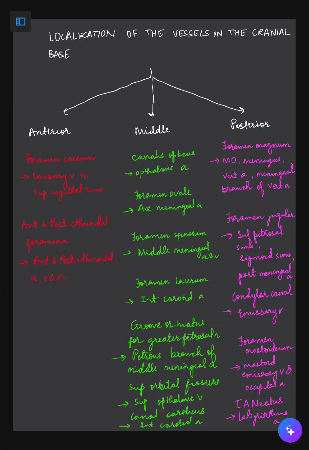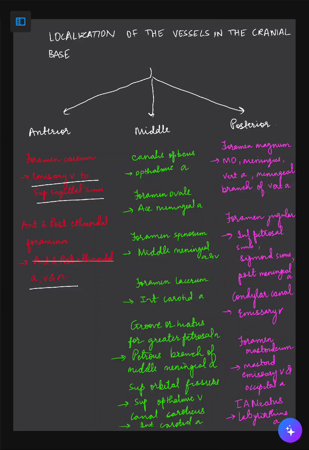In the foramen cecum, the emissary vein goes to the superior sagittal sinus. It comes and goes through the foramen cecum. Through the anterior and posterior ethmoidal foramen, the anterior and posterior ethmoidal artery, vein and nerves pass. Now only these are there in the anterior cranial fossa.